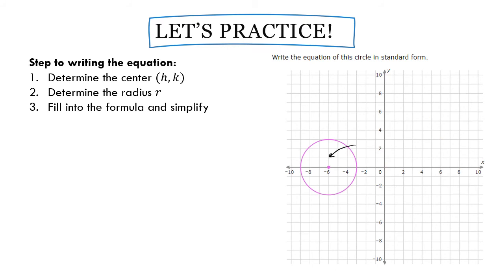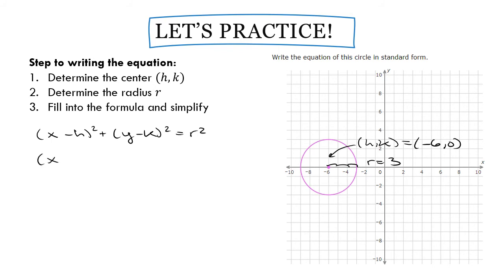So here the circle's over here, and the center, (h, k), is going to be at (negative 6, 0). r is going to be 1, 2, 3. Let's write the equation. (x minus h) squared plus (y minus k) squared equals r squared.